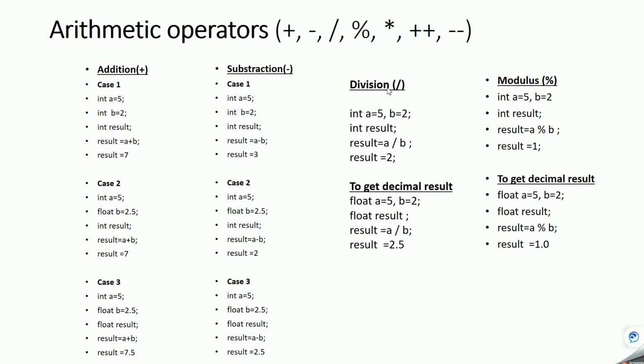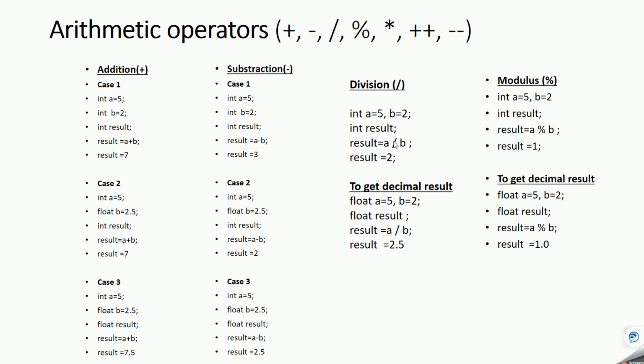Okay, and we have another operator, the division operator. Let's see how this works in C. We have two variables a and b, and another variable, int result. We want to store the division of a and b into this result. So a divided by b will give 2. Why will it give 2? Because the types of a and b are integer, and if you perform division on integers, it will give an integer value.